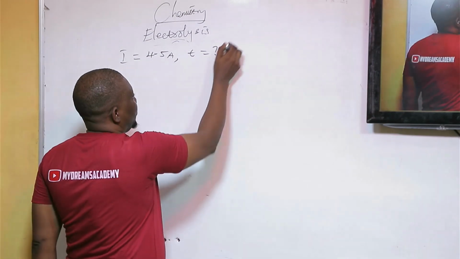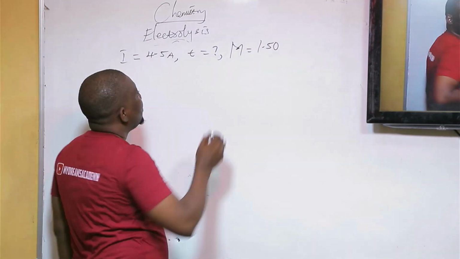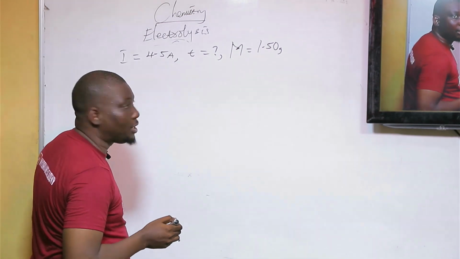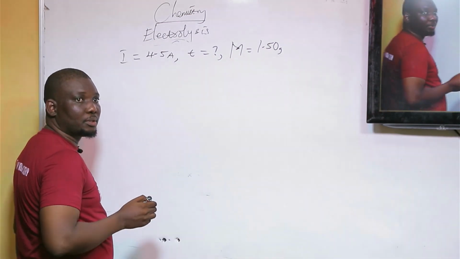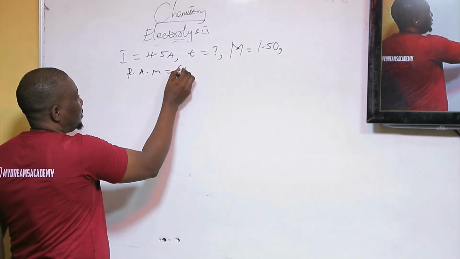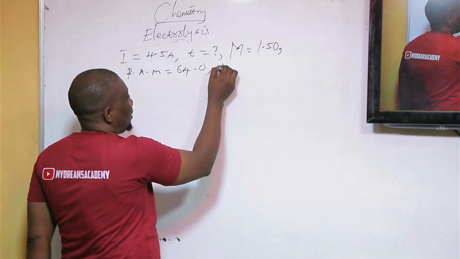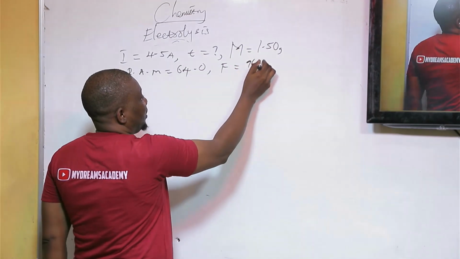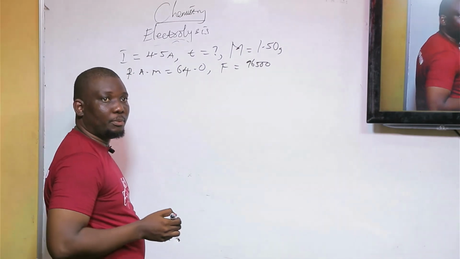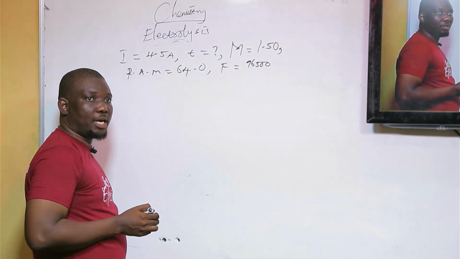It takes to deposit a mass given, 1.50 gram, and then other variables are relative atomic mass, which is taken to be 64.0, and then Faraday 96,500.